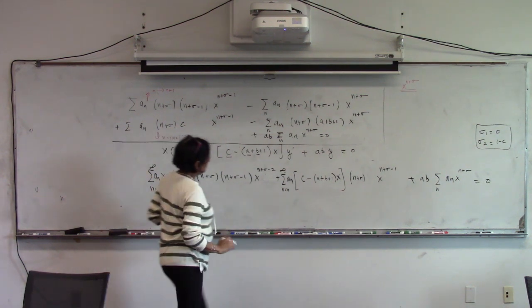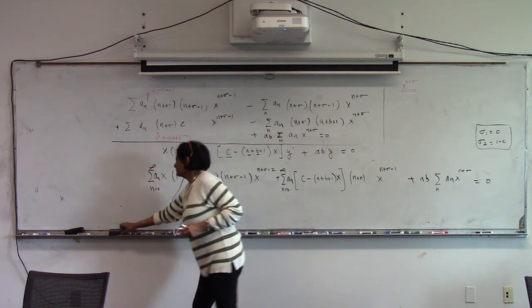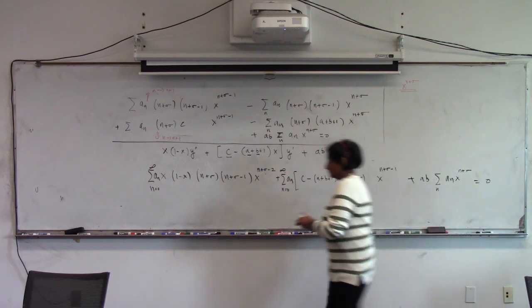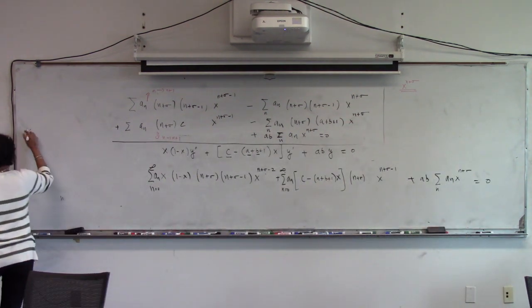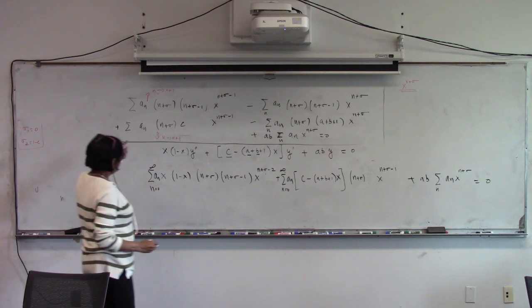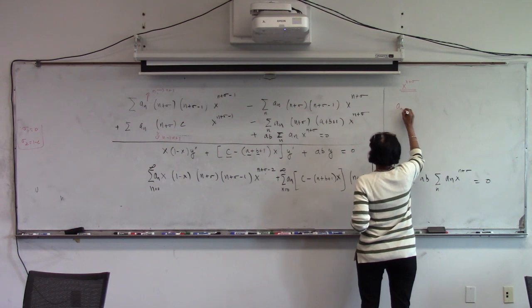The other one I can keep the way it is. Sigma 1 equal to 0, sigma 2 is 1 minus c. So if I change there, I have a sub n plus 1.